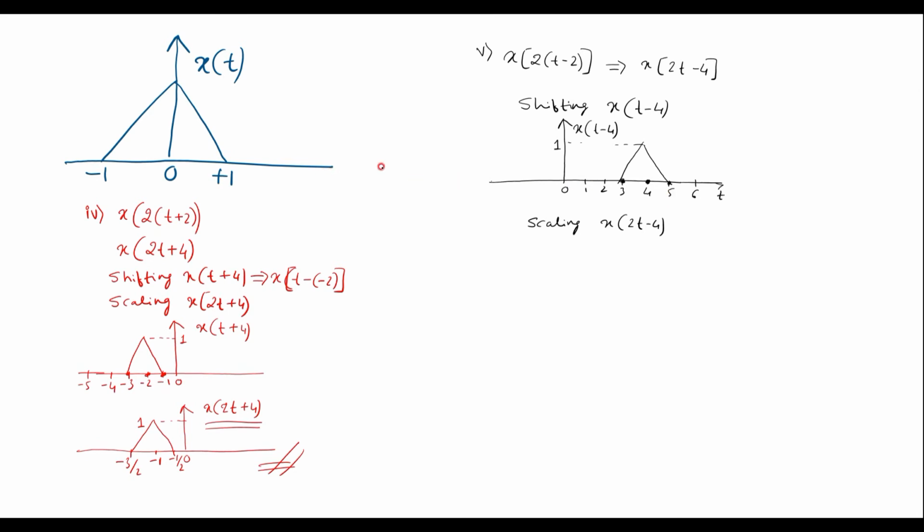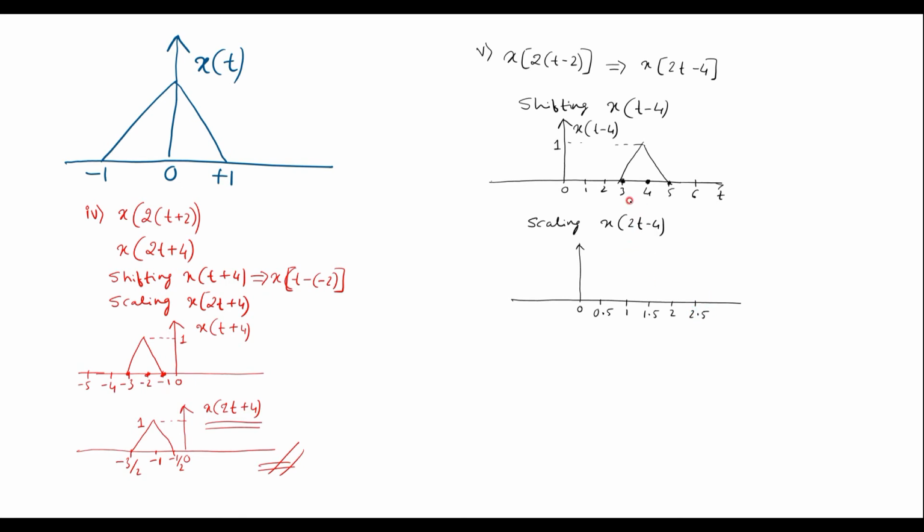Now x of t appears between 1.5 and 2.5, that is the compressed version of x of t. Say this is 0, 0.5, 1, 1.5, 2, 2.5.